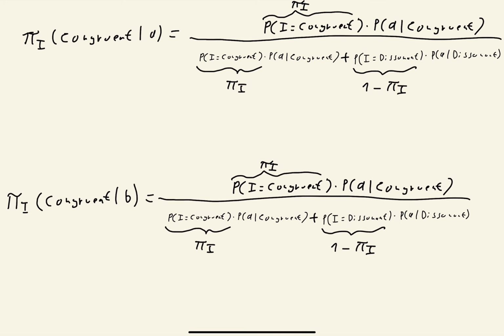We just replace the A's with the B's on the right-hand side. Everywhere you see an A, you can simply write a B. And this gives us the posterior belief, posterior because the voter observed the behavior of the incumbent in the first period and now has an updated belief about him being congruent given that he has chosen B. This summarizes everything we have with respect to the beliefs of the voter about the type of the incumbent given that he's chosen a particular action in the first period.